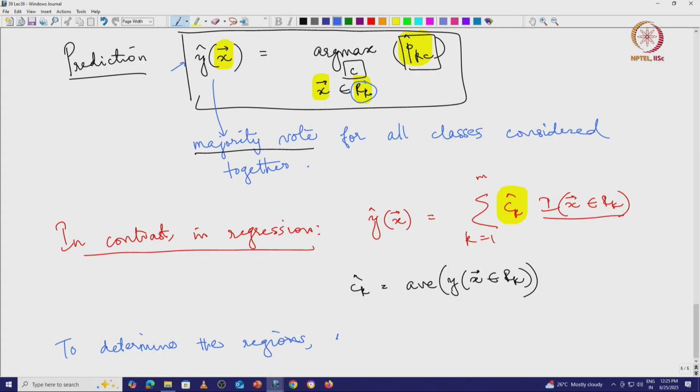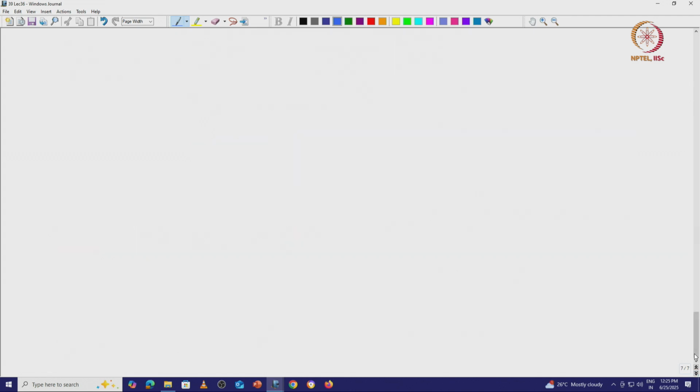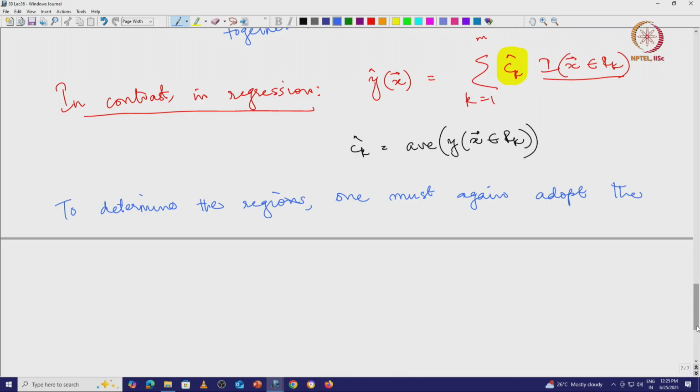one must again adopt the approach of recursive binary splitting, and this was something we had already done for the case of the regression problem.